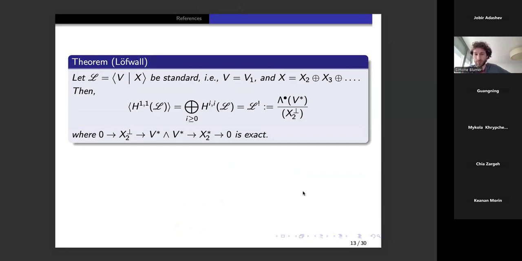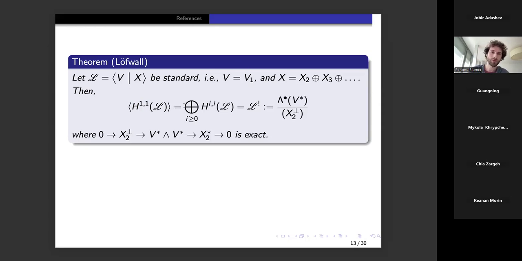Okay, I will now discuss this result of Löfwall that allows us to compute explicitly the cohomology of a Koszul Lie algebra. The result says that if we start with a standard graded Lie algebra, so that the generating space is concentrated in degree 1, then Löfwall gives us a procedure to compute the algebra generated by the elements of degree (1,1).